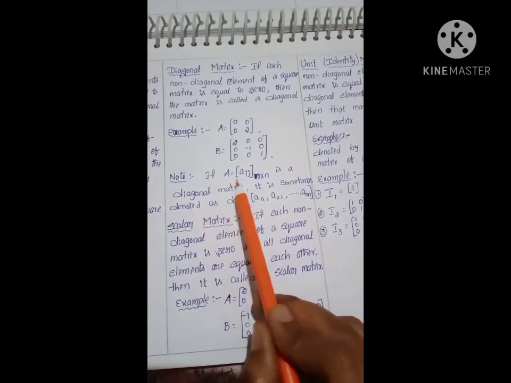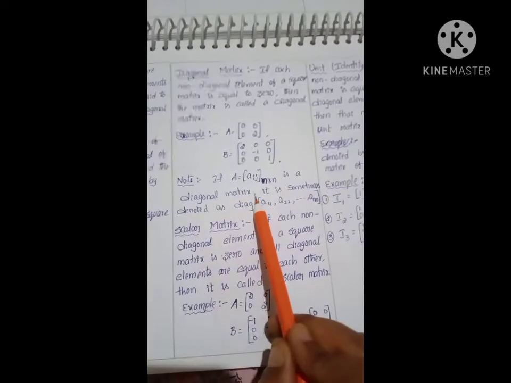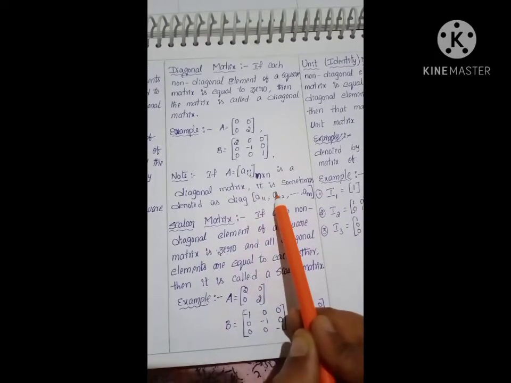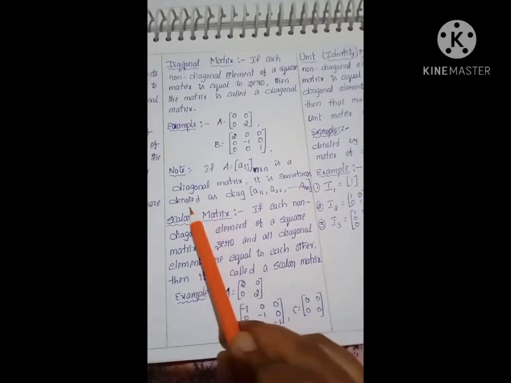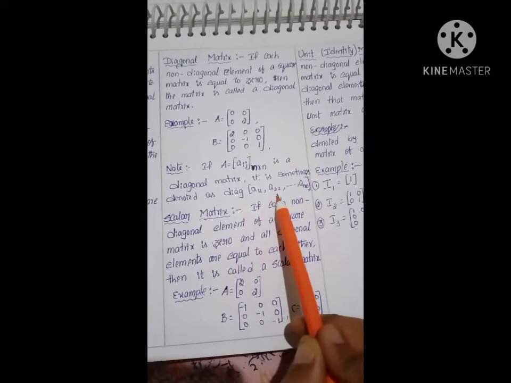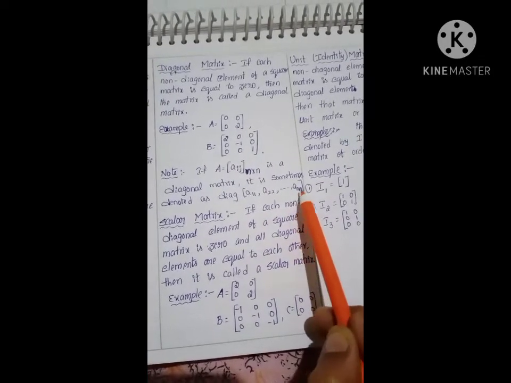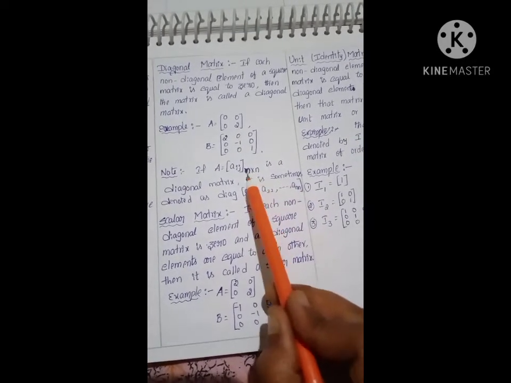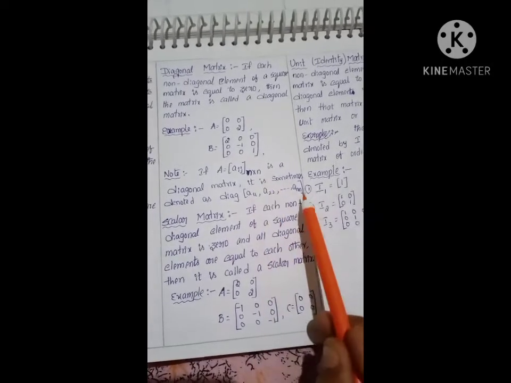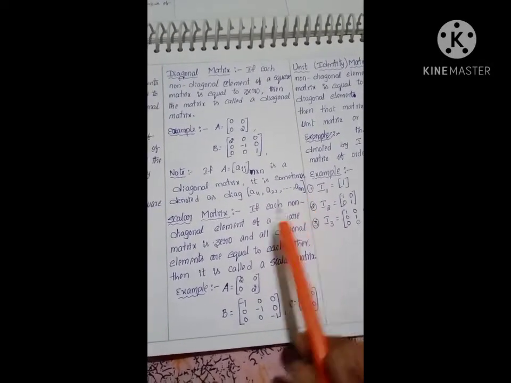If A equal to [Aij] of order n is a diagonal matrix, it is sometimes denoted as diag of A11, A22 and so on Ann. Here order is n by n, so that's why Ann.